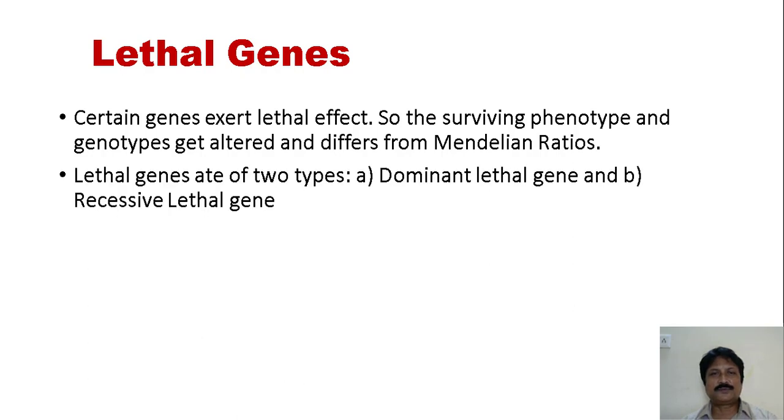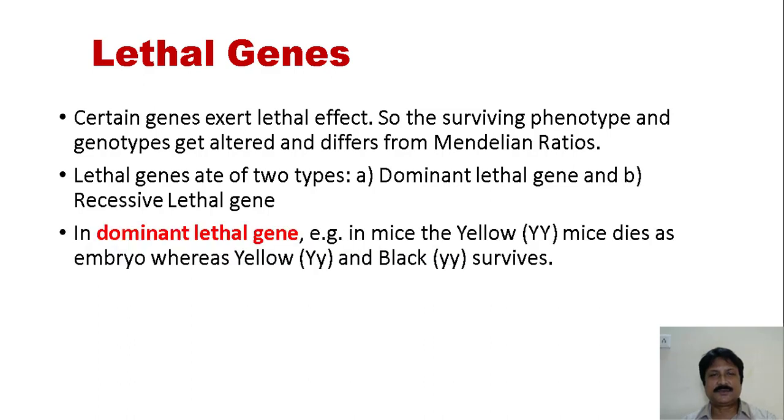There are two types of lethal genes. One is dominant lethal gene and another is recessive lethal gene. The dominant lethal gene, for example, in mice, yellow coat color, these are dominant ones, homozygous.